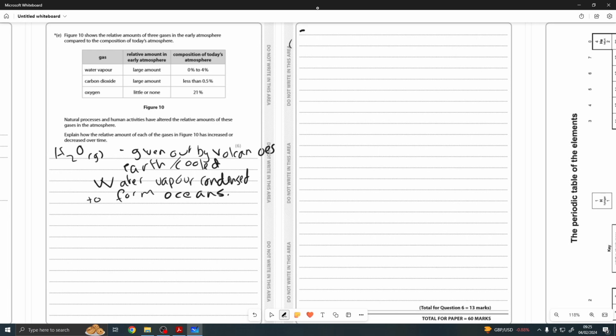Now I'm going to jump to here because it's a bit easier. So CO2. Now some things happened to lower the amount of CO2. Obviously, some dissolved in oceans. Some dissolved in oceans and basically made animal shells.